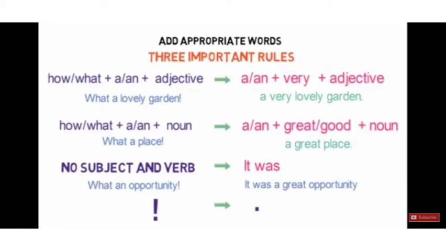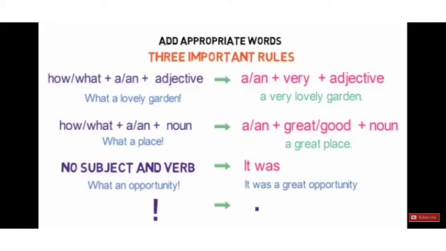For example, what a lovely garden, it will be converted into a very lovely garden. Next, if the sentence is how or what plus a or an plus noun, it will be converted into a or an or great or good plus noun. For example, what a place, it will be converted into a great place.